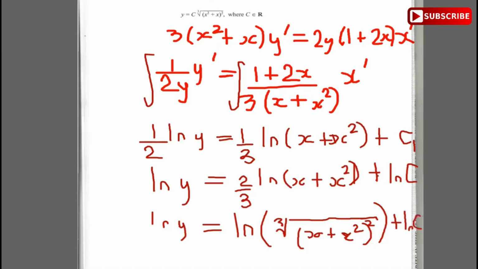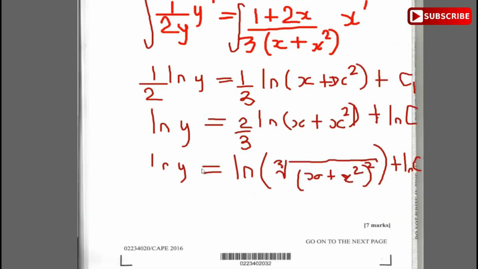And then by laws of logarithm, we know that we can join those together, because if the log of a is equal to the log of b plus the log of c, we can join them as one log.